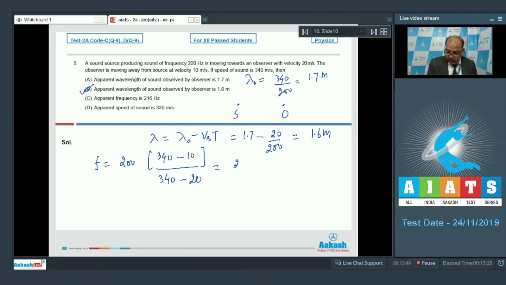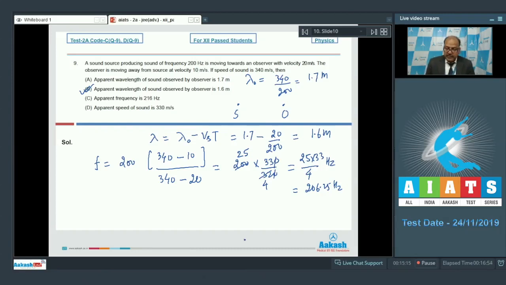This is equal to 200 into 330 divided by 320. Let's divide by 8. 8 4s are 32, 8 2s are 16. So this is coming to 25 into 33 divided by 4 hertz. This turns out to be equal to about 206.25 hertz. So option C is incorrect.